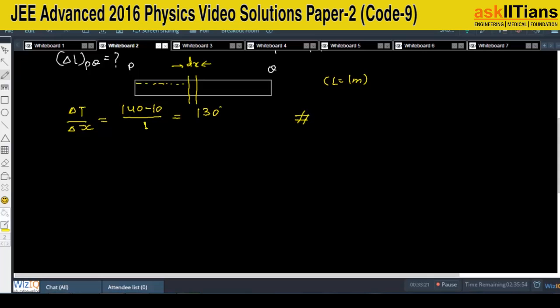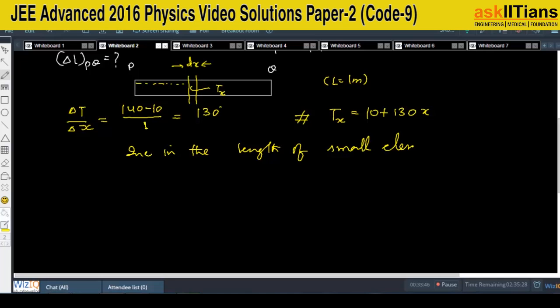Now, in the second point, we want to calculate the temperature at a junction or at any point, Tx. So Tx can be calculated, that is equal to 10 plus 130 into x. Now we are going to calculate the increase in the length of a small element.